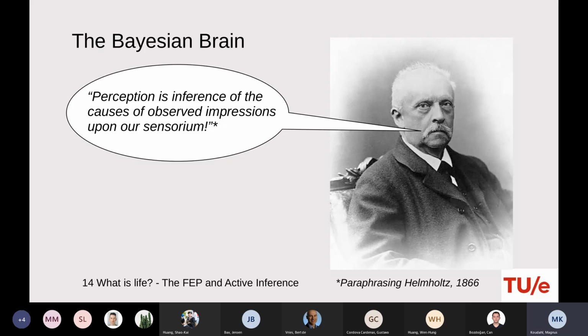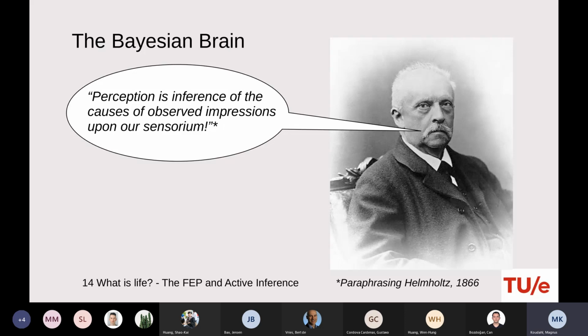The Bayesian brain hypothesis states that, at its core, the brain is a prediction machine. The brain is a generative model, and it is in the business of trying to make sense of all of the sensory data that's constantly bombarding you. So inside of your head is a generative model of the world around you. That's the core idea of the Bayesian brain.